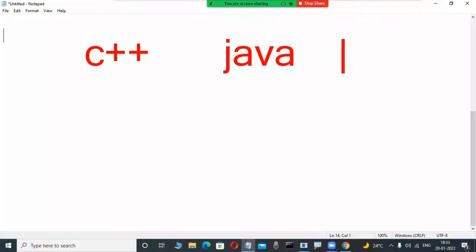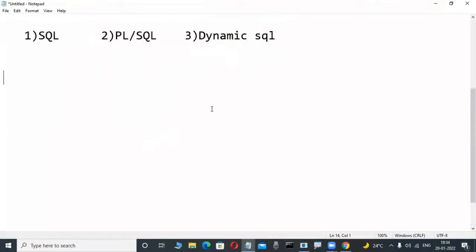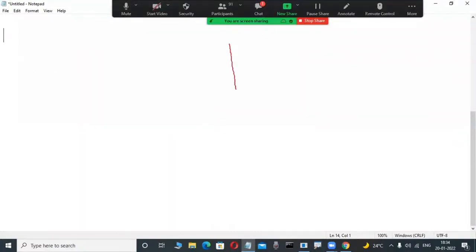C# .NET is an object-oriented language. VC++ is an object-oriented language. So many object-oriented languages are there. Suppose I take two languages today as an example. Through that, the same concepts are there, and through similar concepts we will observe whether these SQLs are different or the same.